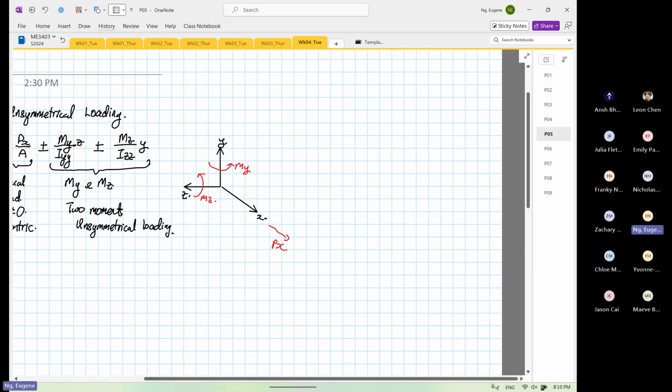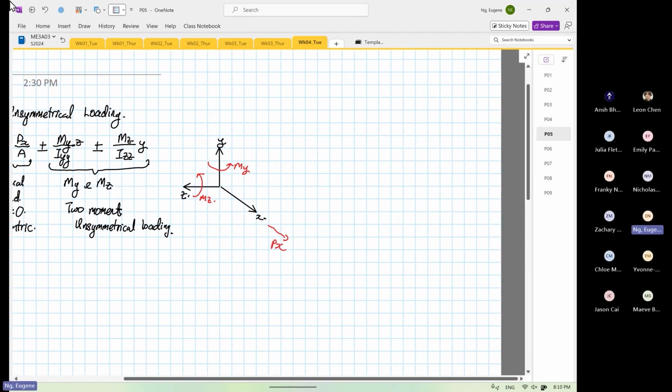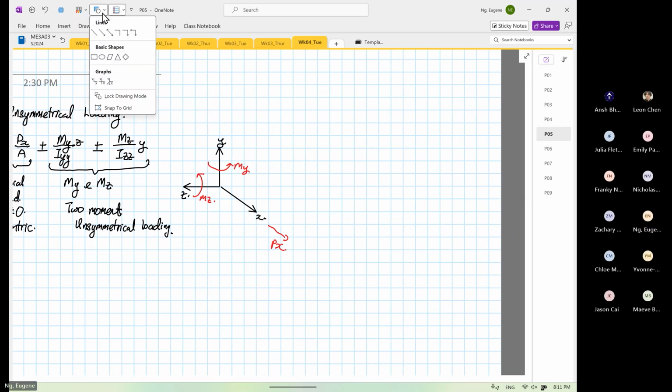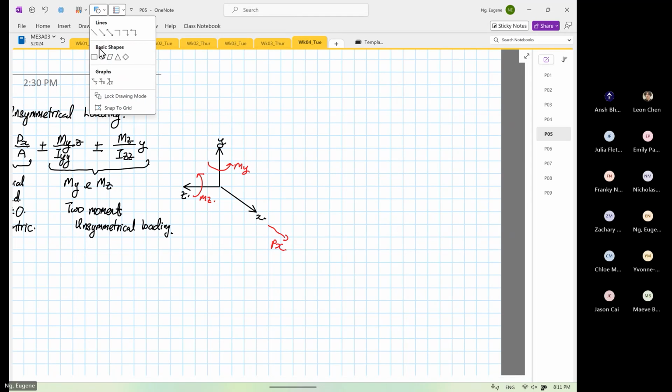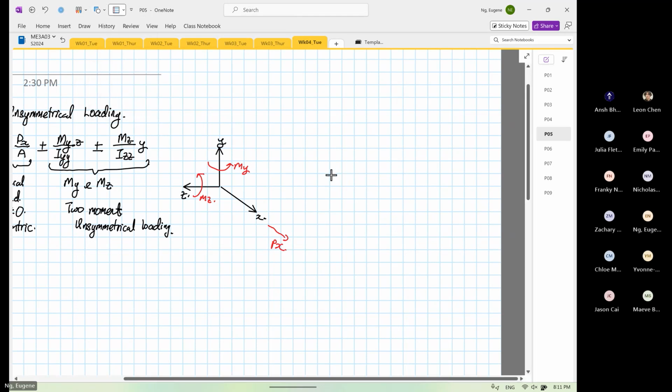Okay. So now if I'm going to sketch a structure now, this structure looks like this.